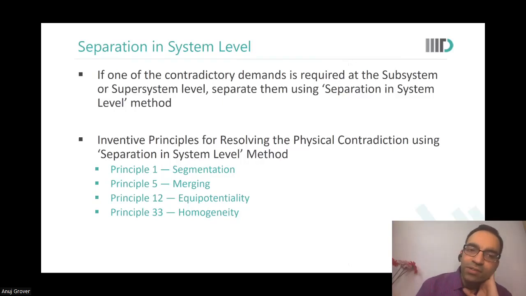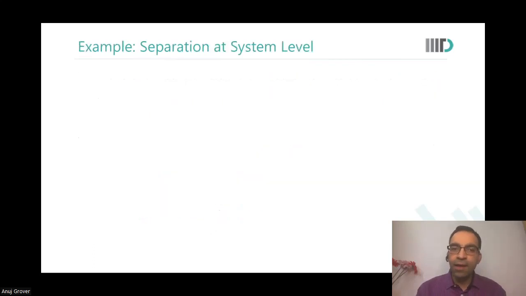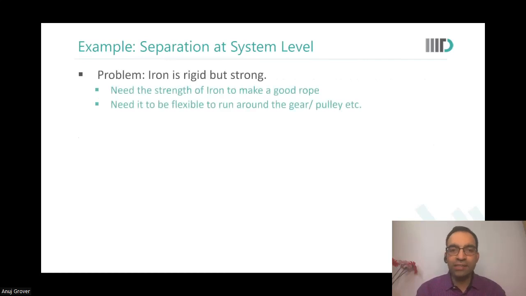The next way to handle these contradictions is separating at system and supersystem level. The typical solutions are segmentation, merging, equipotentiality, and homogeneity. And the example, as we had seen earlier, was that iron is rigid but strong.